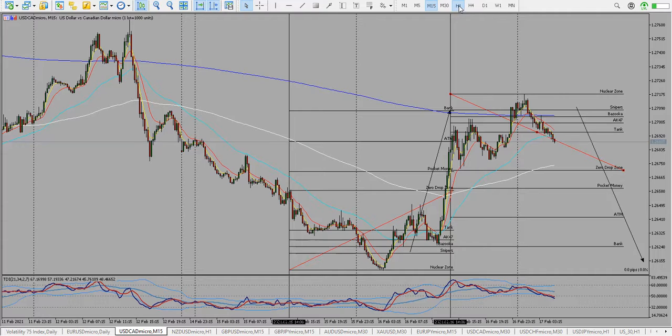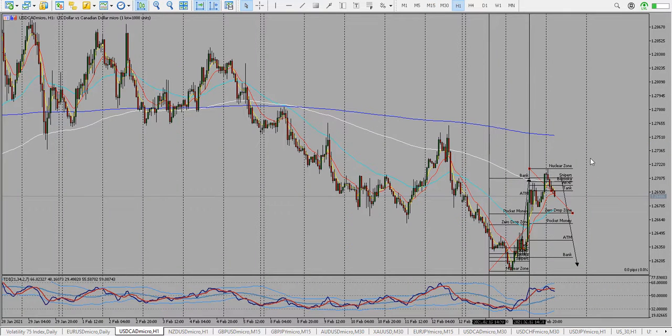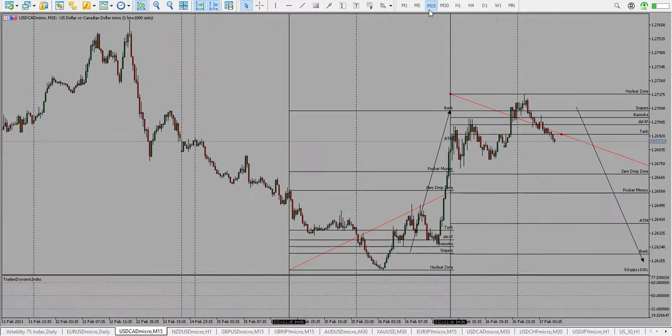Let me go to H1 so that I could put it on this line. Like this. Then I drop back to M15. Then this line has to be here.